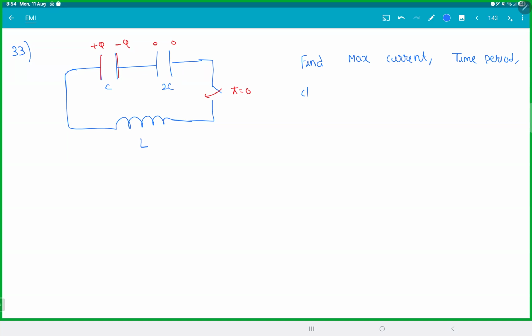If I ask you the charge, you have to find everything. This is a better variation than the previous one.